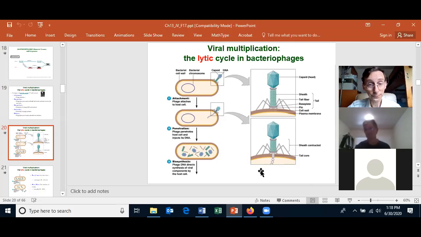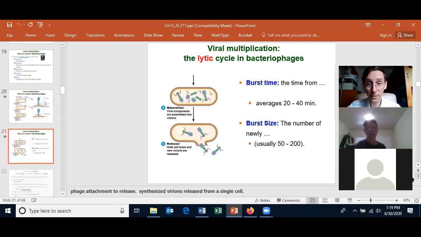The genome is then transcribed and translated, and it'll create an enzyme which destroys the host chromosome, and then the virus replicates its genome, translates its viral genome into proteins, and then there's an assembly period.